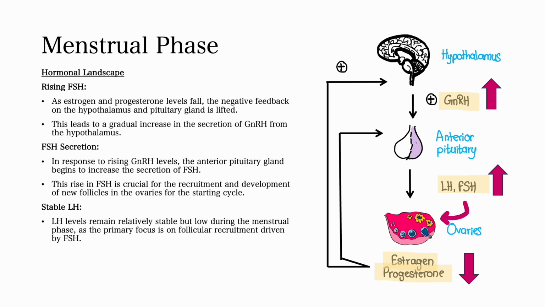The rise in FSH is crucial for the recruitment and development of new follicles in the ovaries for the cycle that's beginning. LH levels remain relatively stable but low during the menstrual phase. The primary focus is on follicular recruitment driven by FSH.